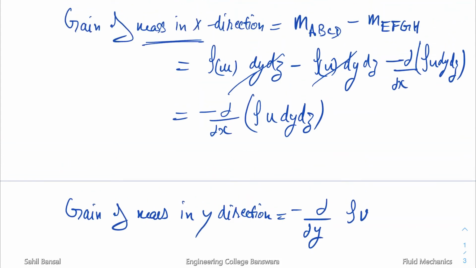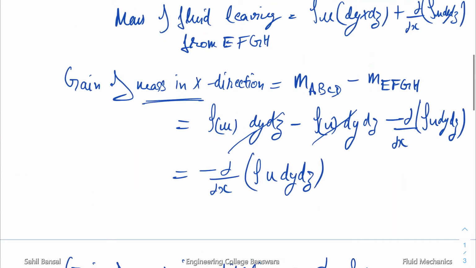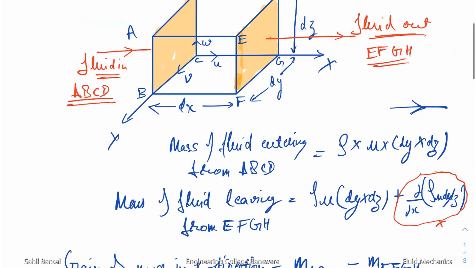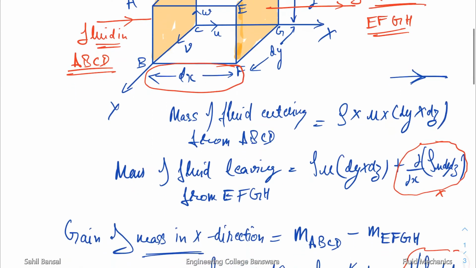right? Sorry guys, we have forgotten one thing. While calculating here, wait a second, I have written the rate of change. Here we have to multiply this element with this length, because what we are saying is the mass of fluid leaving from EFGH will be equal to the mass that has entered plus the rate of change of mass.